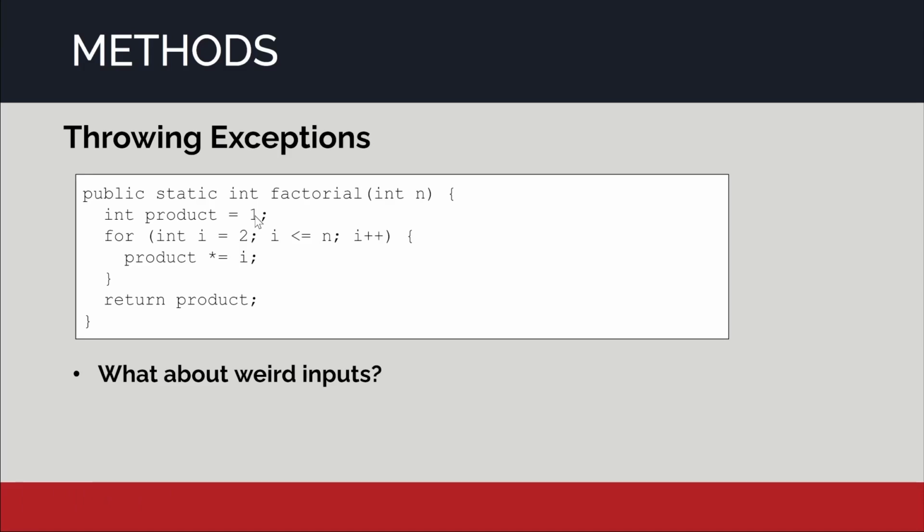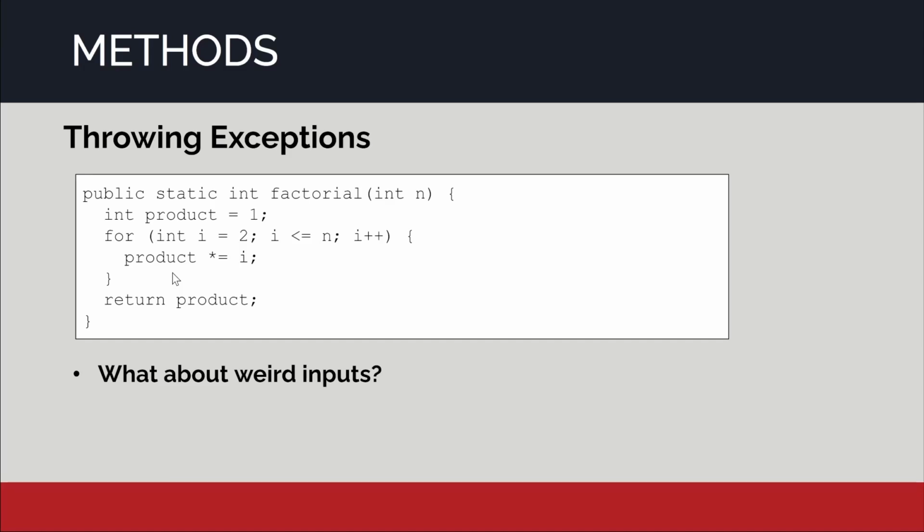Well, if n is 0, then we start with product of 1 and the loop doesn't execute and we return 1. That's actually okay. It seems weird, but mathematically the factorial of 0 is defined as 1. That may be weird, but that's not our problem. That's math's problem. We're giving the correct answer.